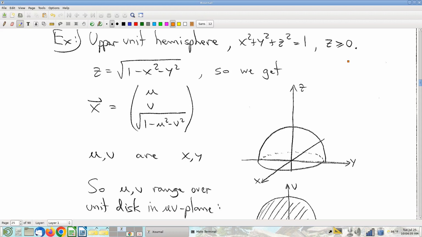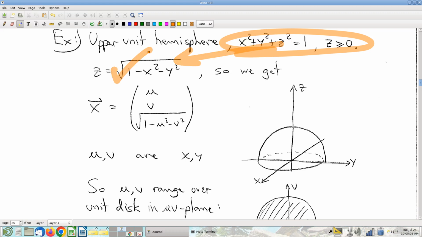And notice that in this algebra right here, I can solve for z. Very importantly, because it says right here z has to be positive. And so when I look at that z squared and I take a square root and I get worried, how do I know which is it going to be, the plus or the minus? I don't have to worry. It says right here z is positive, non-negative anyway, so I don't have to worry about the minus. Okay, so solving for z gives me that formula.